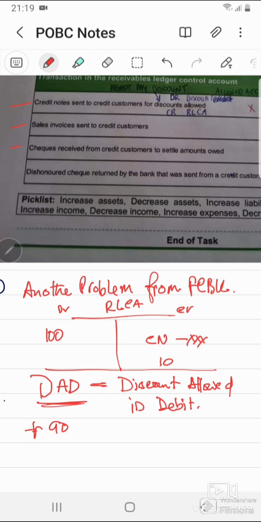When something reduces your income, it becomes an expense. So discount allowed is an expense, and it will be a debit. This is the opposite direction. Let's do the second one.